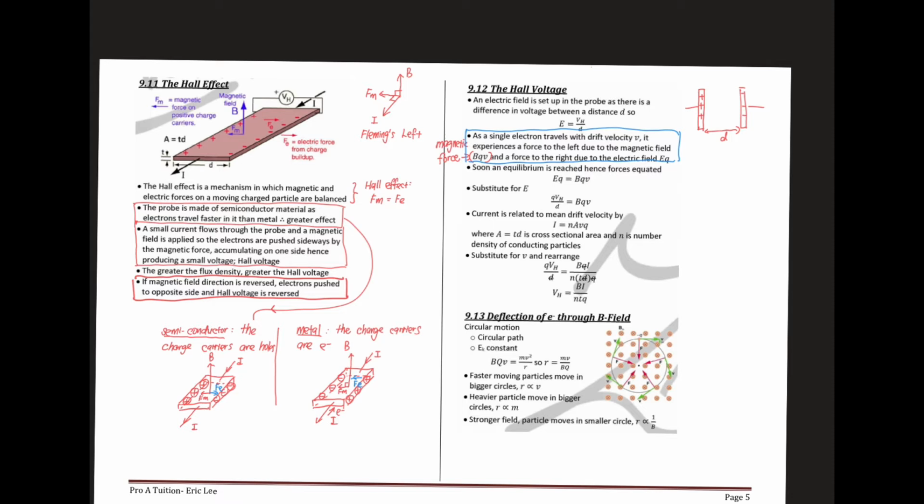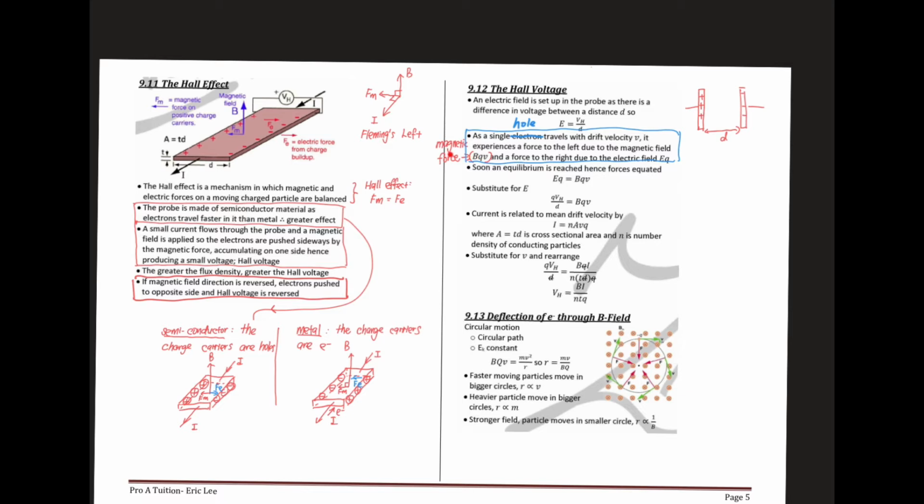As a single hole travels with drift velocity v, it experiences a force to the left. I change it to hole then. Then it makes sense already. The hole moves to the left due to the magnetic field.